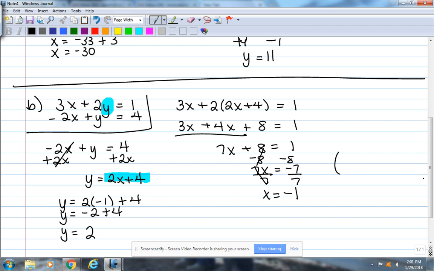So what's my x value? Negative 1. What's my y value? 2. Now what that means, if the solution is negative 1, 2, is if I graph these two lines, if I put them in slope-intercept form and graph them, where are they going to cross at? At the point negative 1, 2. That's where those two lines cross. So that's what you're doing. You're just doing it algebraically instead of graphing it.